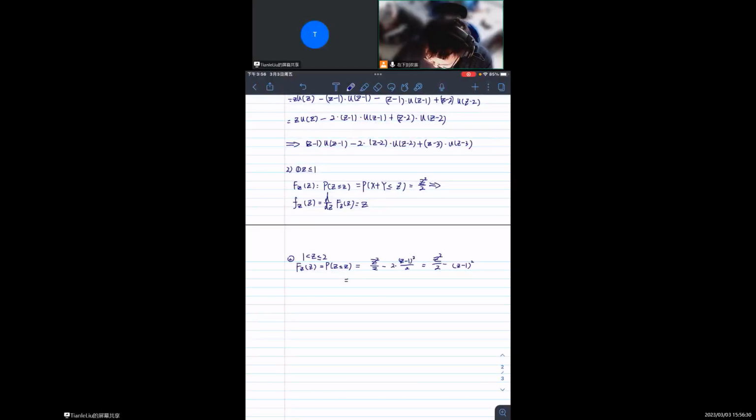To split it out, it will come like this. Taking the derivative of this formula, we have the density turning out into minus z plus 2. So this is the formula for the range of z from 1 to 2.